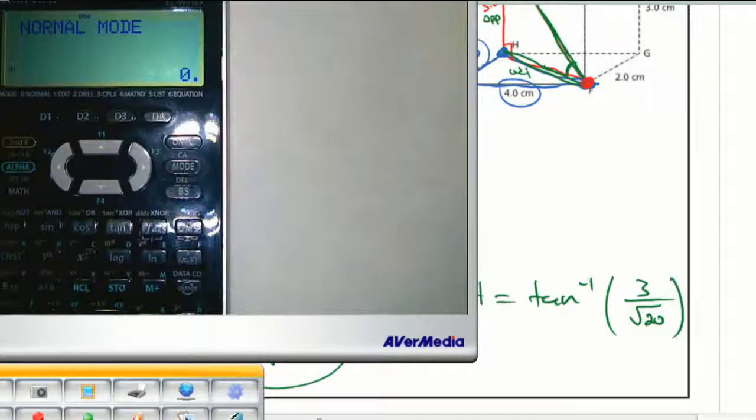Now, I'm going to try to plug this all in my calculator at once, see if it works. So second function tangent, inverse tangent. I'm going to go bracket 3 divided by, I swear it might get a bit tricky, square root 20. Close the bracket, hit equals, and I get 33.8.